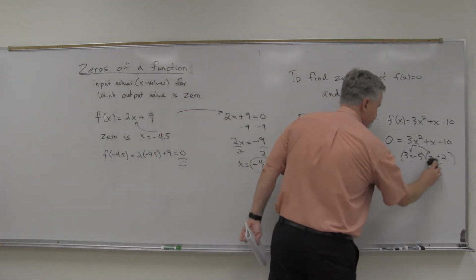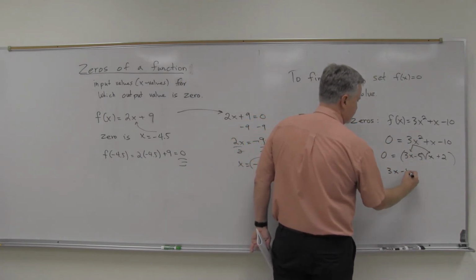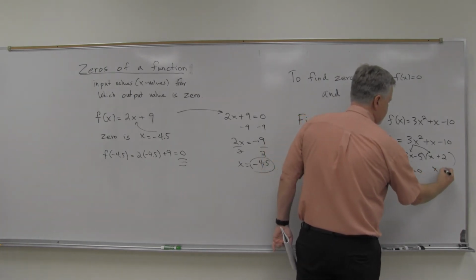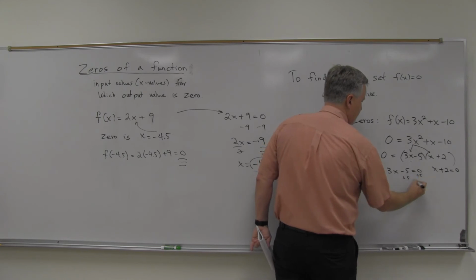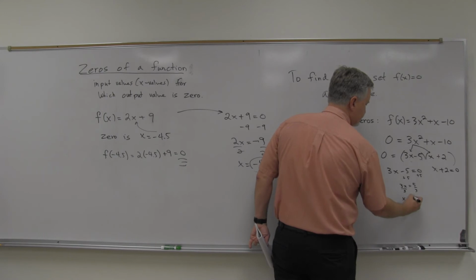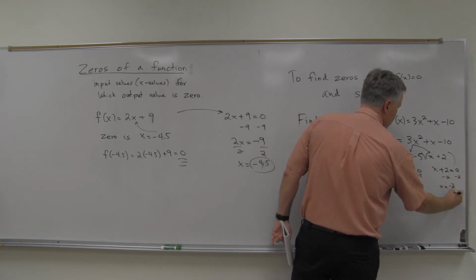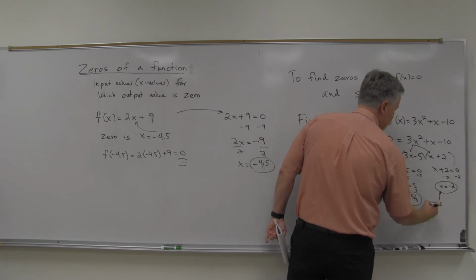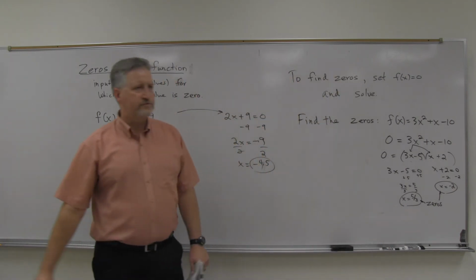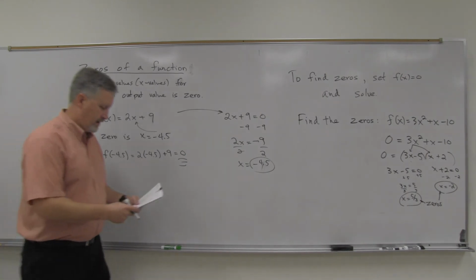But then, once we get it factored, then you set each factor equal to 0. So this one's going to have 2 zeros, isn't it? Add the 5, and divide by the 3. 5/3. And subtract 2, negative 2. So my zeros here, got 2 of them. 5/3 is 1, and negative 2 is the other. Yes? Good? All right.